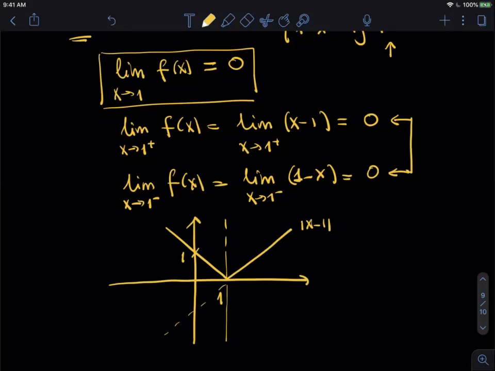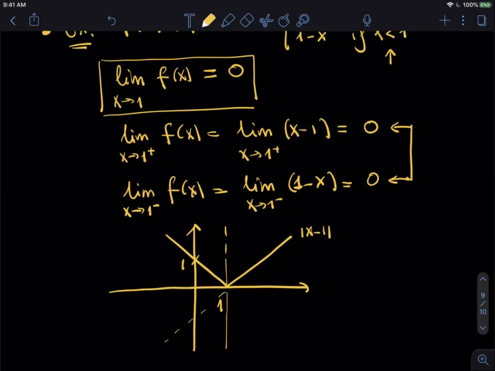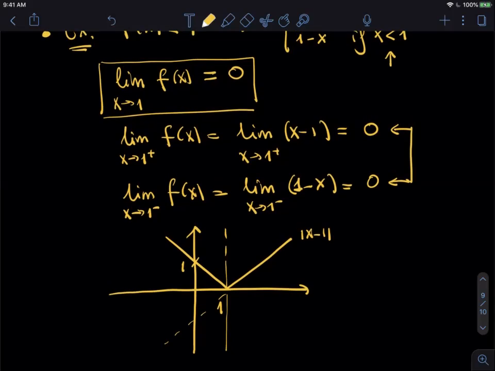On the right is x minus 1. But then to compute the limit, we are following the graph as x goes to 1 from the right and from the left. And you see that in both cases you end up in 0. So it makes sense. Let's do some more examples.